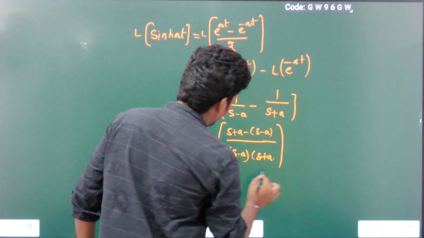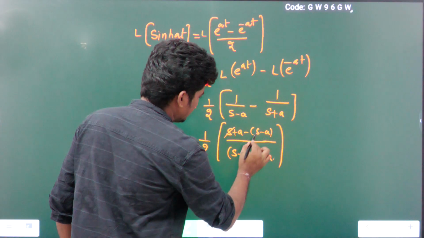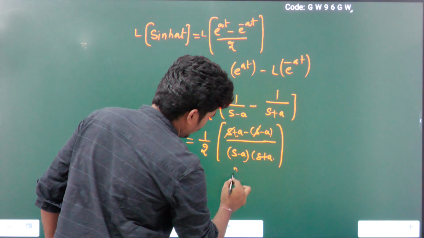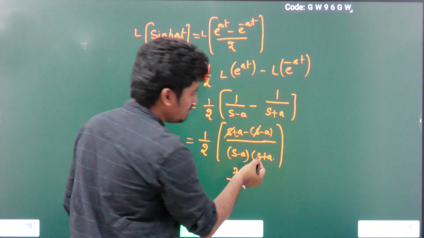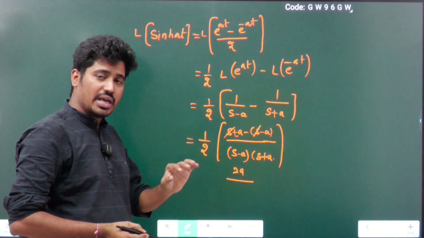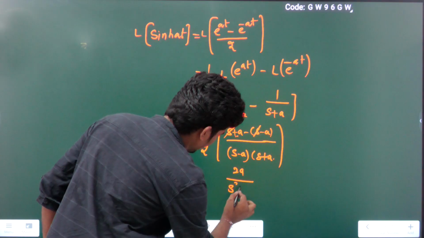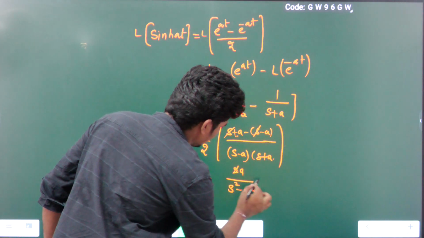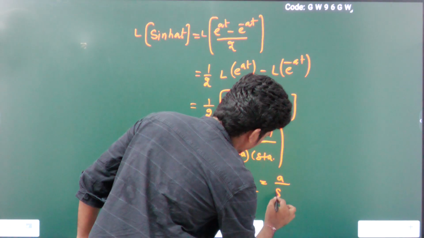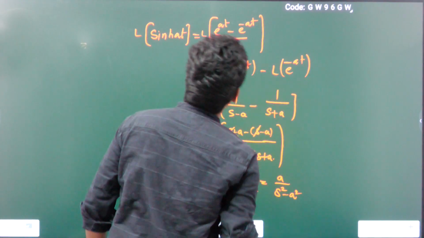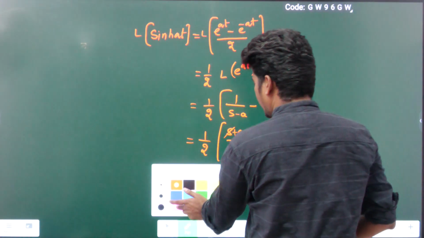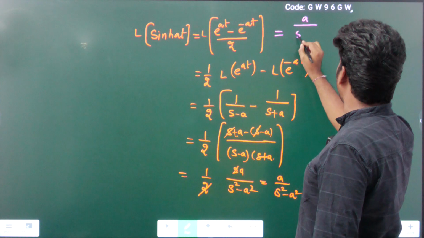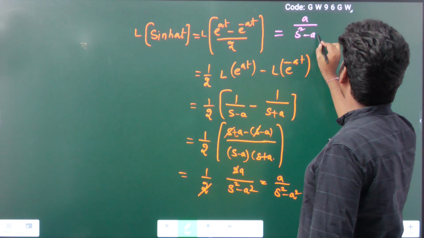Here the s terms cancel out, minus a plus a gives 2a, divided by s square minus a square, since a plus b into a minus b becomes a square minus b square. The 2 gets cancelled out. The Laplace transformation of sin h at will be a by s square minus a square.